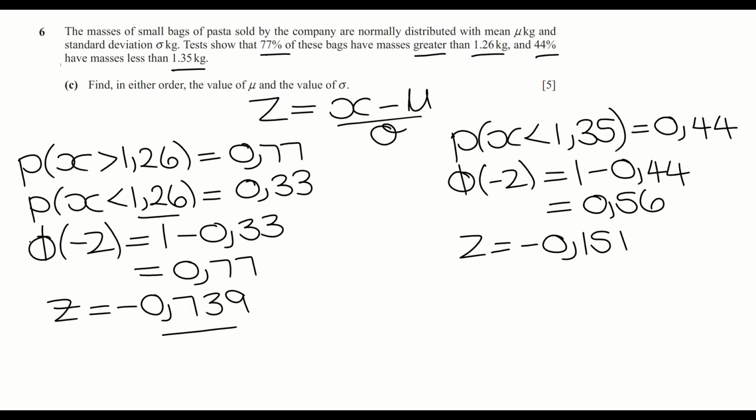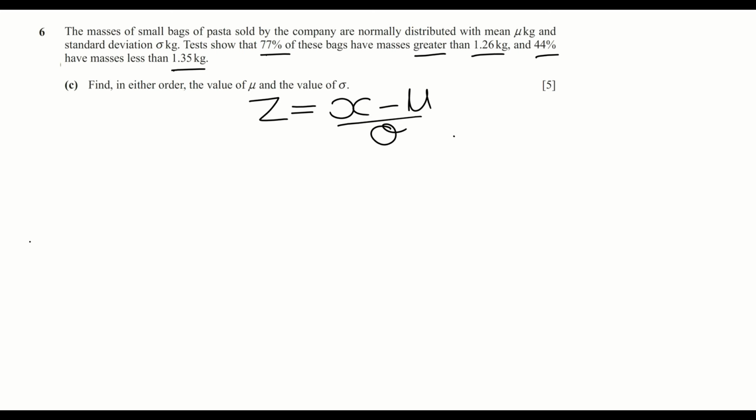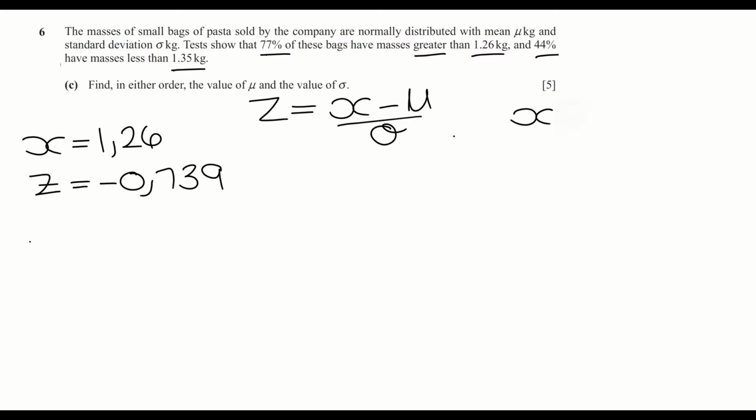Now I want to make some space, and I can make a note of my x score and my z score on this side: negative 0,739, and on this side as well, x is 1,35 and z is negative 0,151. With these values, I can put them into the formula.